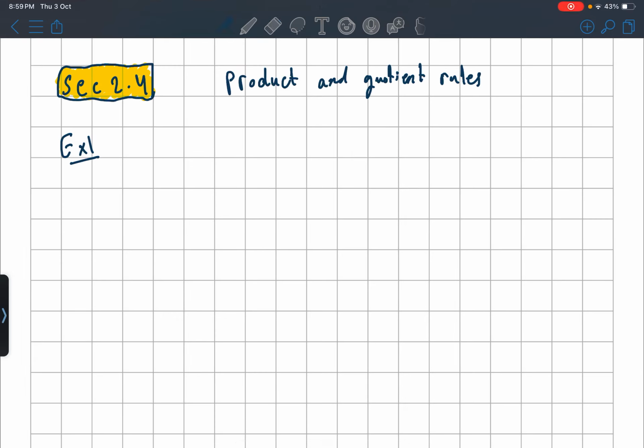It's about product and quotient rules. So let's start with example 1. We have d over dx of x squared times x power 5.